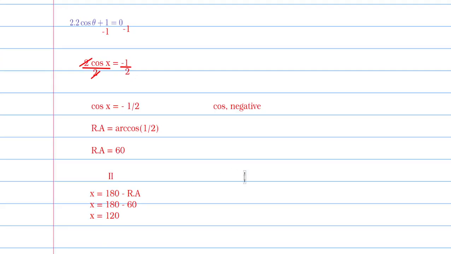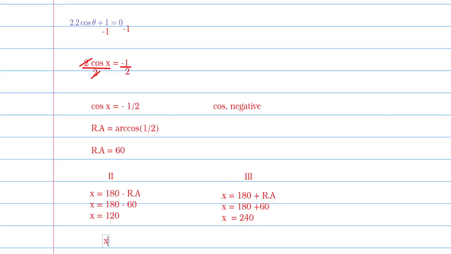Now in the third quadrant, 1, 2, 3, x is equal to 180 degrees plus the reference angle. 180 degrees plus the reference angle of 60 gives x equal to 240 degrees. So basically these are our two angles.